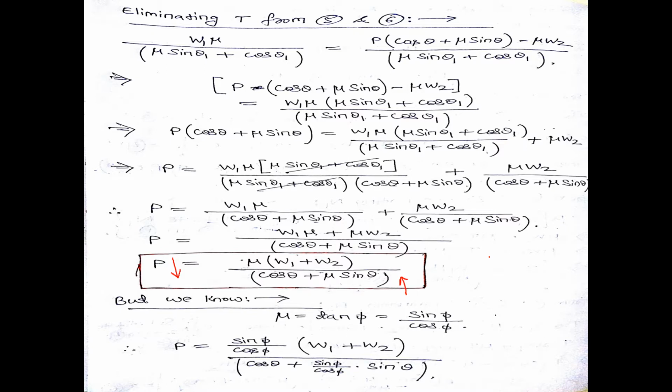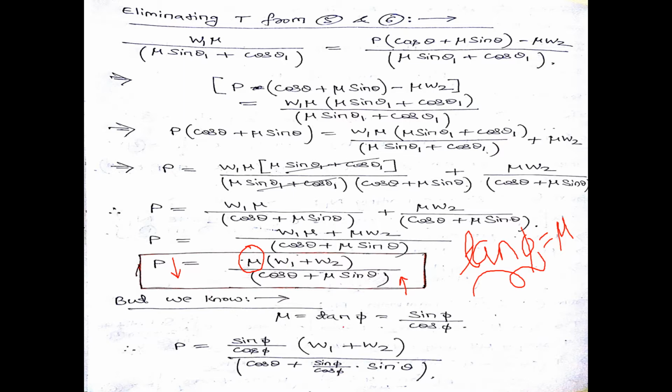Fine. But we know that the angle of friction is given by tan phi is equal to mu, or phi is tan inverse of mu, where phi is the angle of friction. So I can replace this mu value by tan phi. So I can write P is equal to tan phi times (W1 plus W2) divided by (cos theta plus mu sin theta).